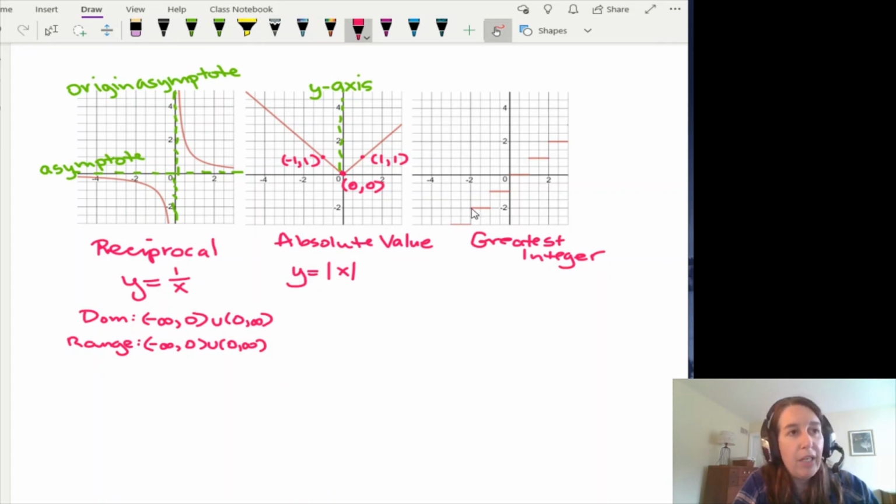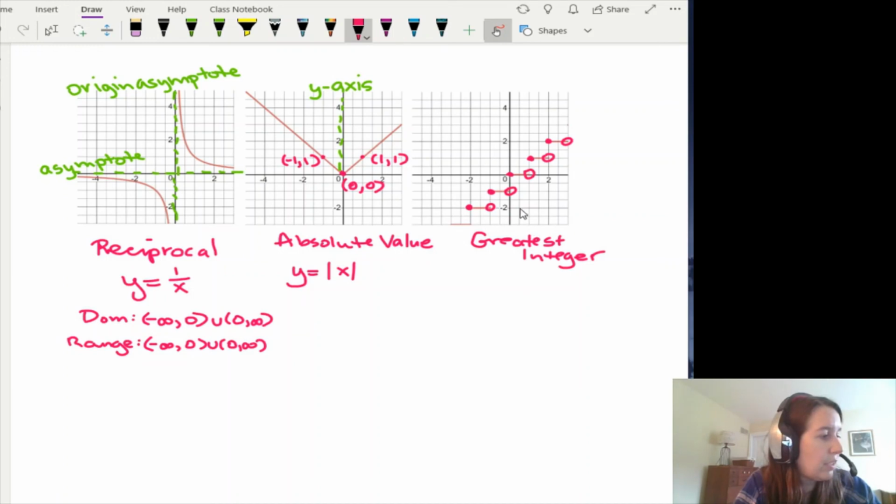So what's happening is this point is included, but then this point is an open circle, not included, for every single one of these. Otherwise, it wouldn't be a function if both ends of the graph were included, because it would overlap in those y values. For an x, there wouldn't be just one single y value.